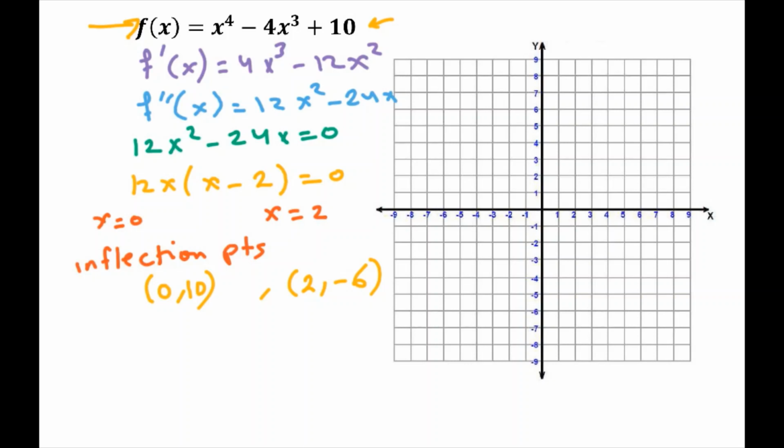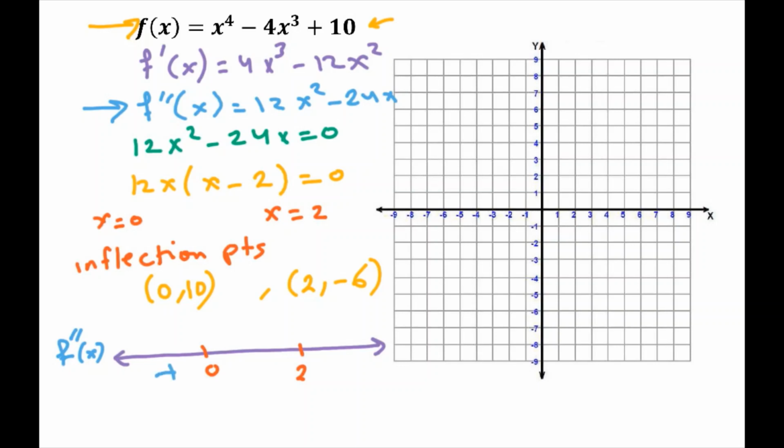Now you are going to study the sign to find the concavity. If you take any point to the left side of 0 and substitute it in f double prime this time, okay? You take, for example, -1, substitute f double prime of -1, you will get positive.